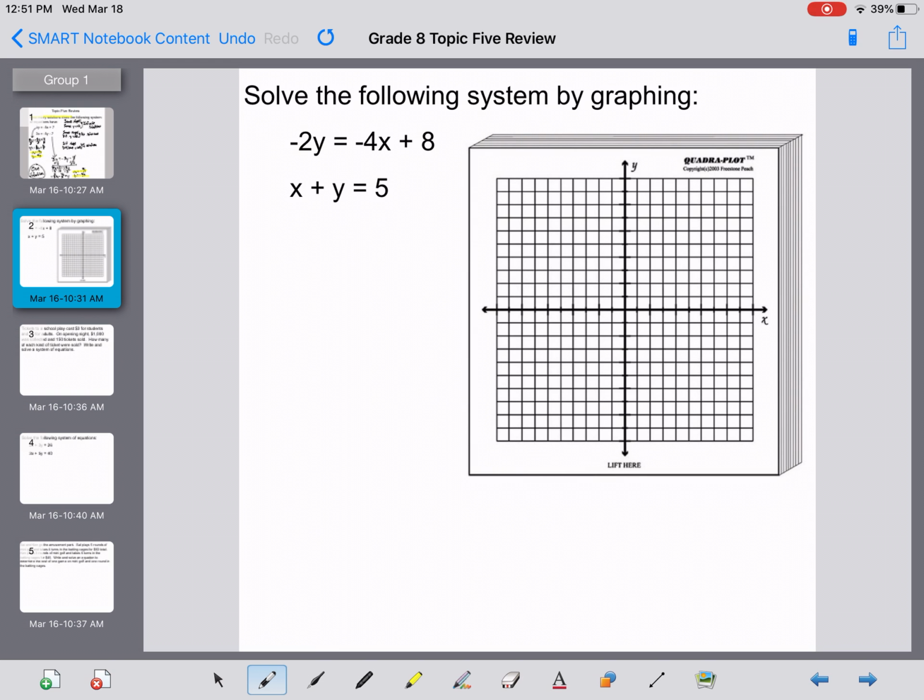Solve the following system by graphing. Negative 2y equals negative 4x plus 8, and x plus y equals 5. Take a second to copy down the question and draw a quick sketch of a graph so we can graph it together.